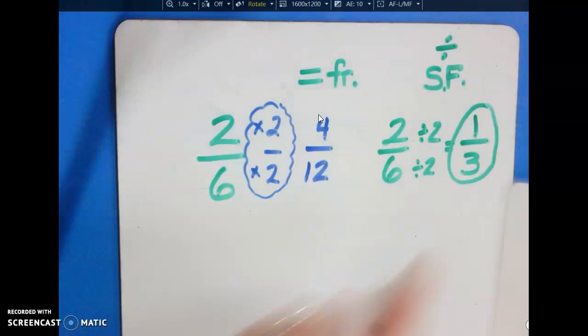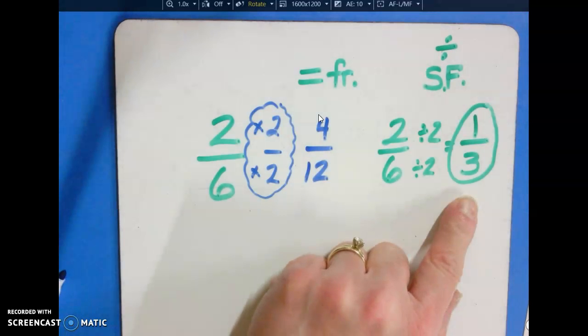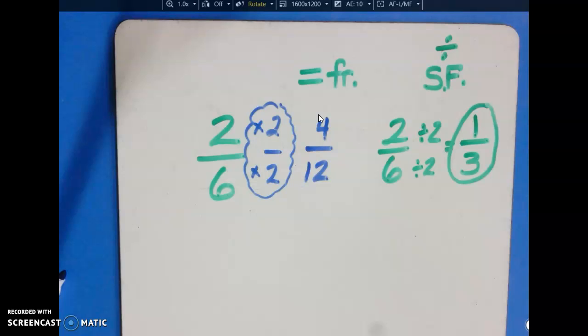So there's no other number I can divide 1 and 3 by except for 1. And that wouldn't change it. So 1/3 is a simplest form fraction.